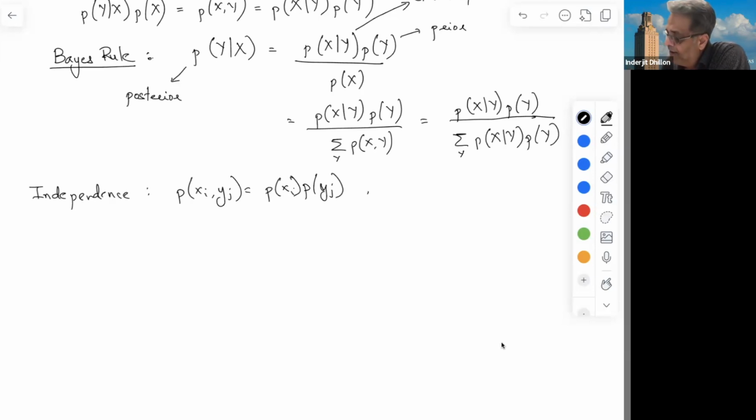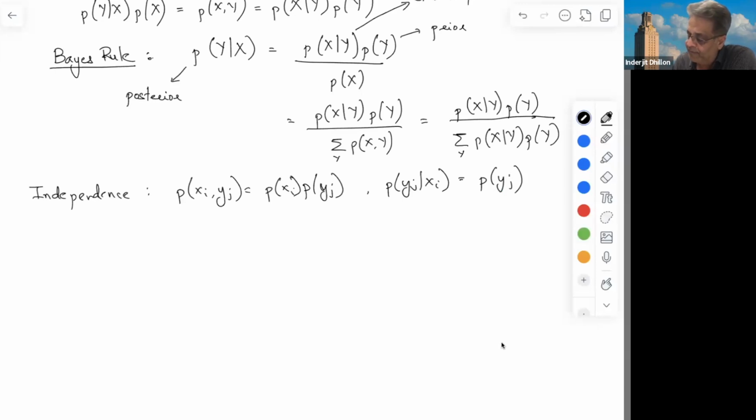So for example, in particular, this implies that P of yj given xi is just equal to P of yj. So the conditional distribution does not depend upon xi. Okay. So this is the notion of independence.